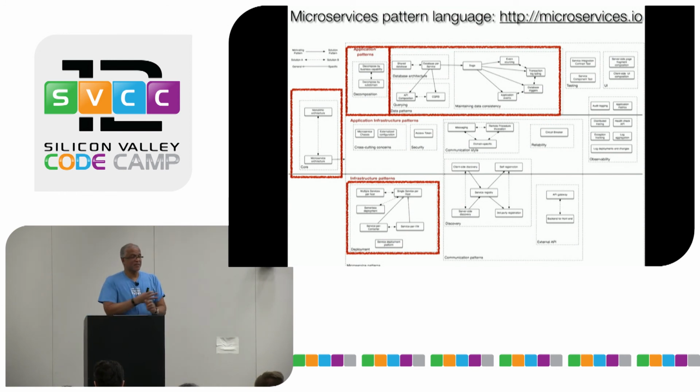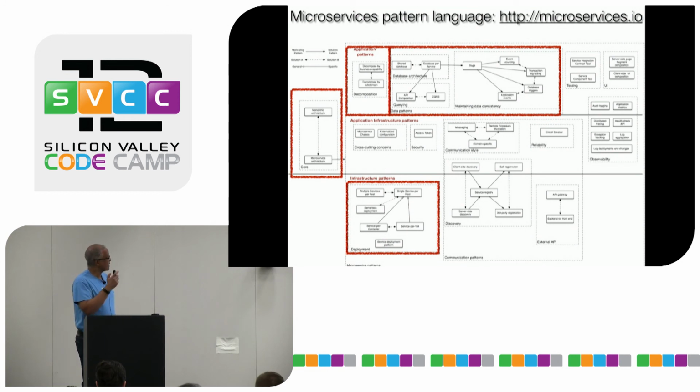So do I package my services up as VMs? Do I package them up as containers? Or do I use cloud functions like AWS Lambda, for example? Those are competing solutions that have various trade-offs.